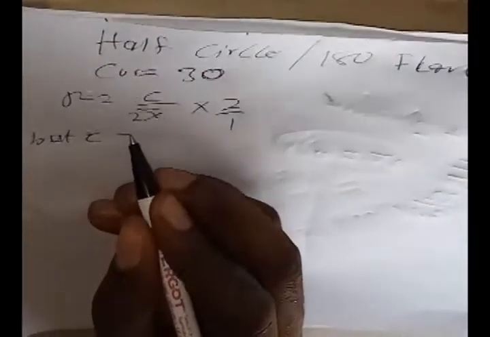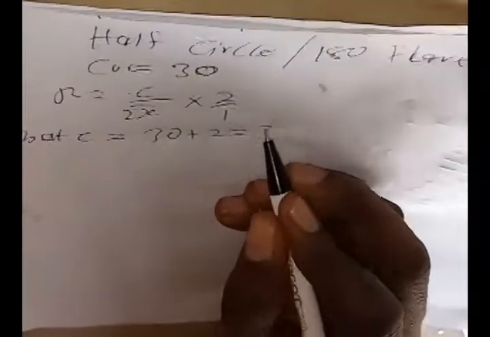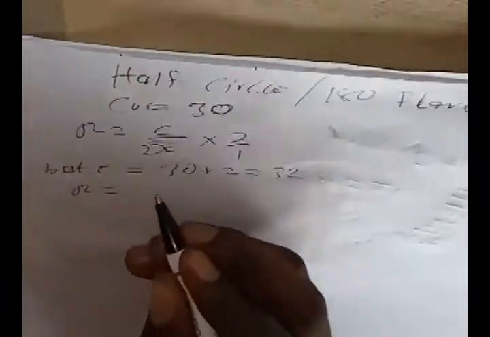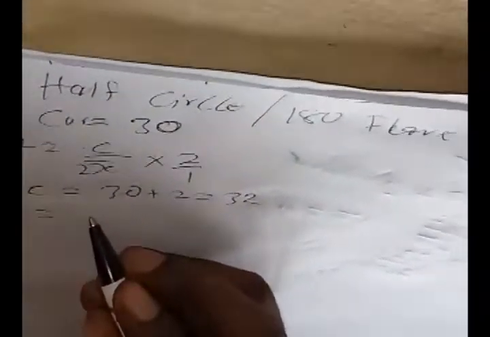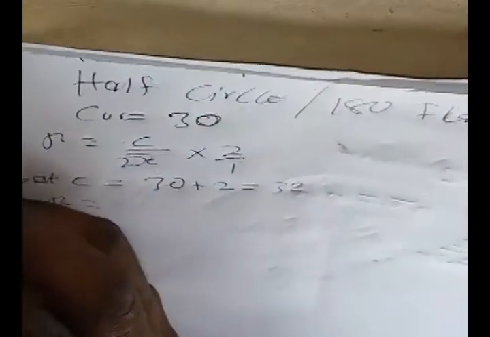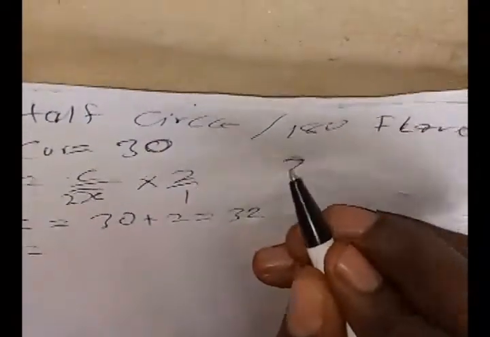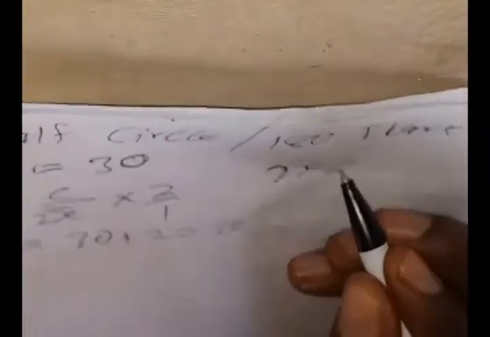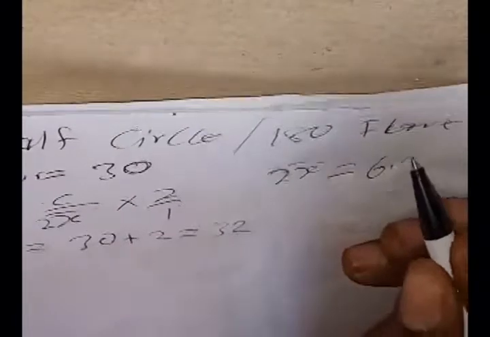So now our circumference is going to be 30 plus 2, which is the sewing allowance. That will give us 32. That's the new circumference that we are going to use, 32. 2 pi is equal to 6.28.